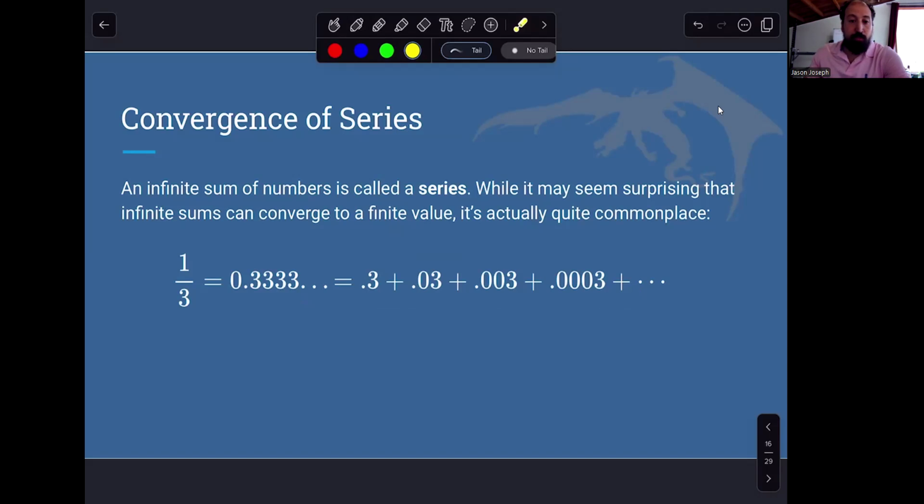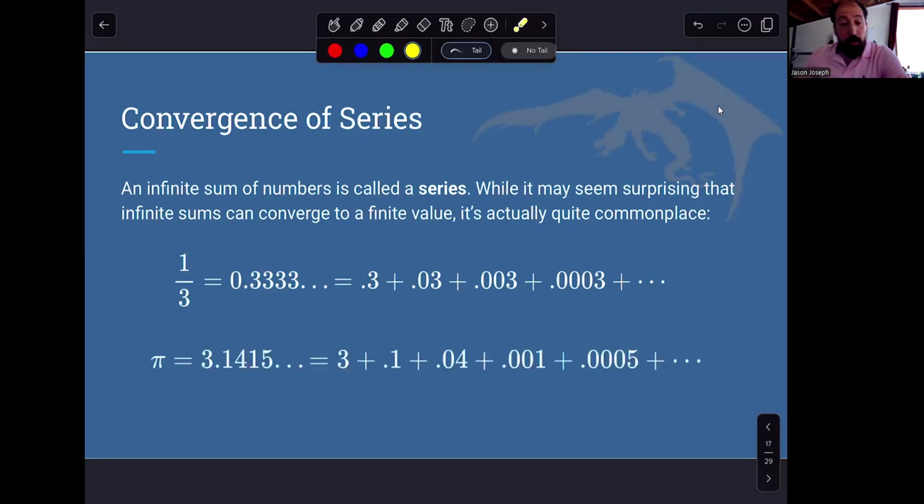So 1/3 is a pretty reasonable number. Or take a number like pi or e. Those also have infinite decimal expansions. And so it's actually not that weird if you believe decimal expansions.